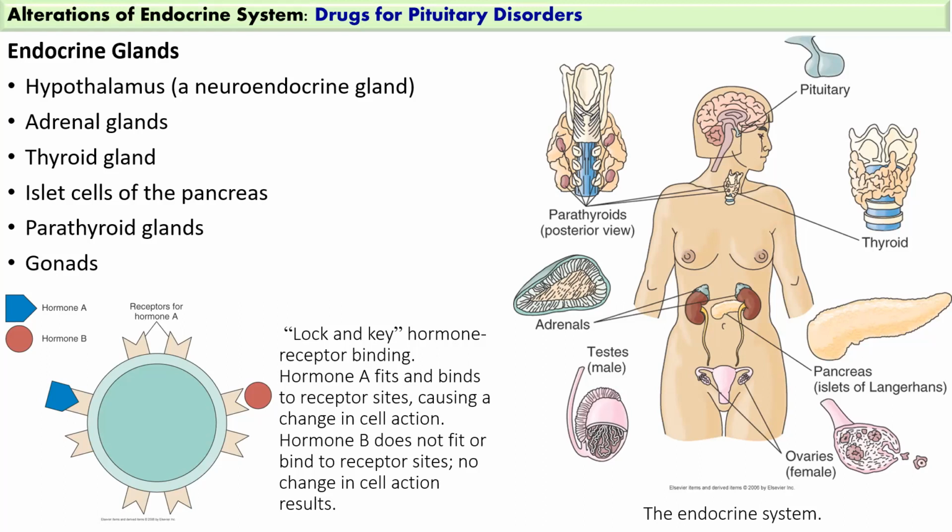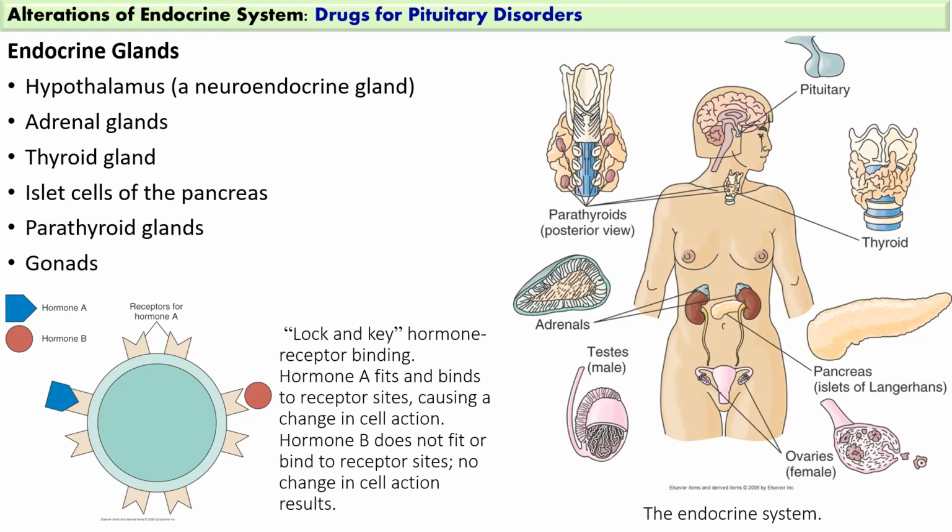The first level, which is the hypothalamus, controls the pituitary gland to produce certain hormones, and then the pituitary gland also will control the rest of the organs and glands of the endocrine system, so they can increase or decrease their production of specific hormones.